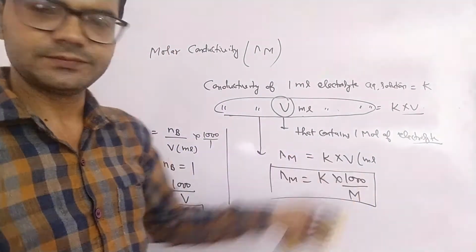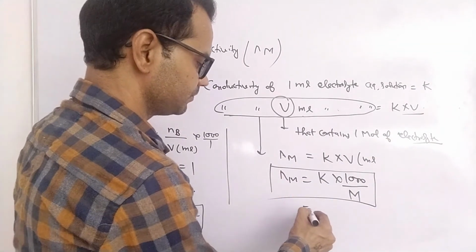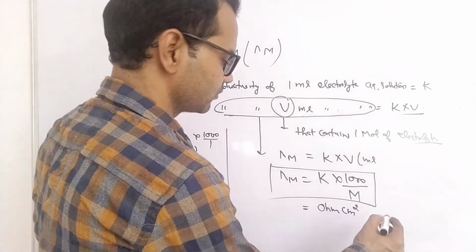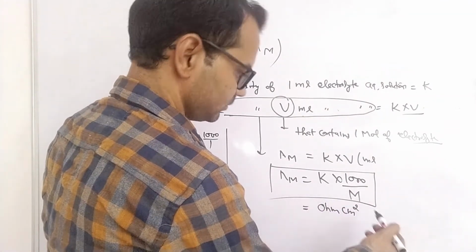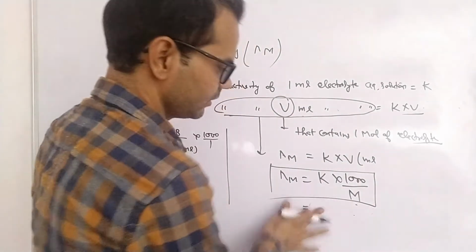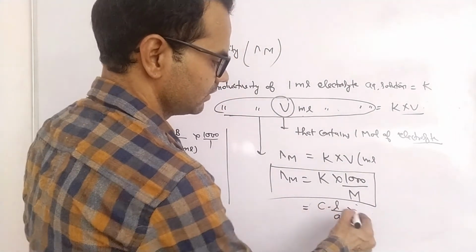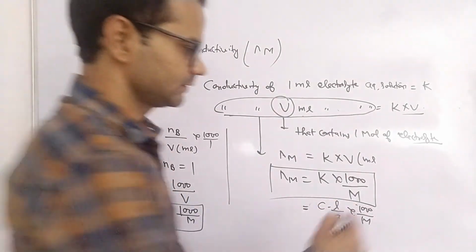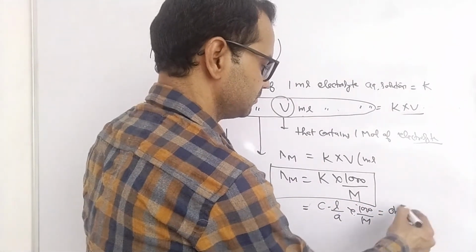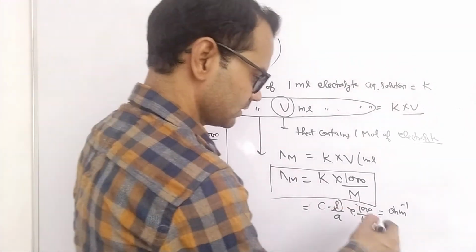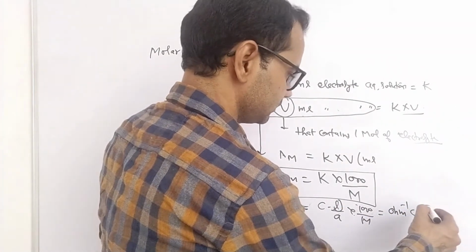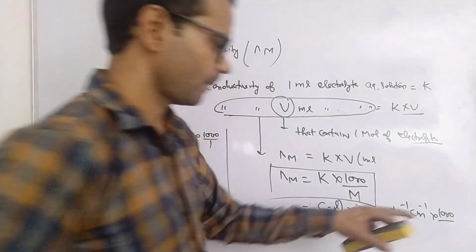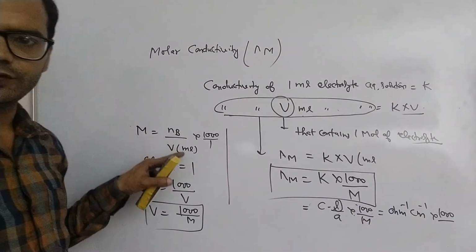What will be its unit? Sorry, molar conductivity equal to C into L by A into 1000 by M. C is ohm inverse, L by A is centimeter inverse, into 1000 by M. M is number of moles by volume.